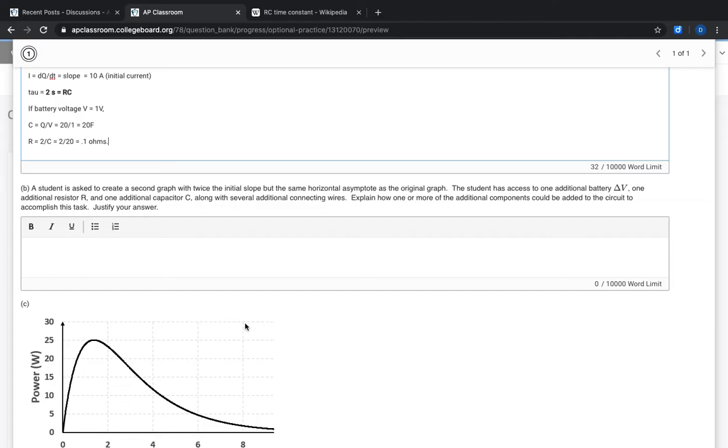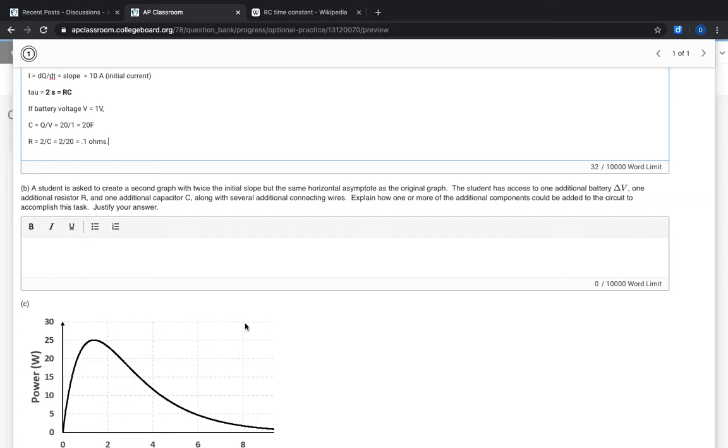So now a student is asked to create a second graph with twice the initial slope, but the same horizontal asymptote as the original graph. The student has access to one additional battery, one additional resistor, and one additional capacitor, all of which are the same values as the previous ones, along with several additional connecting wires.